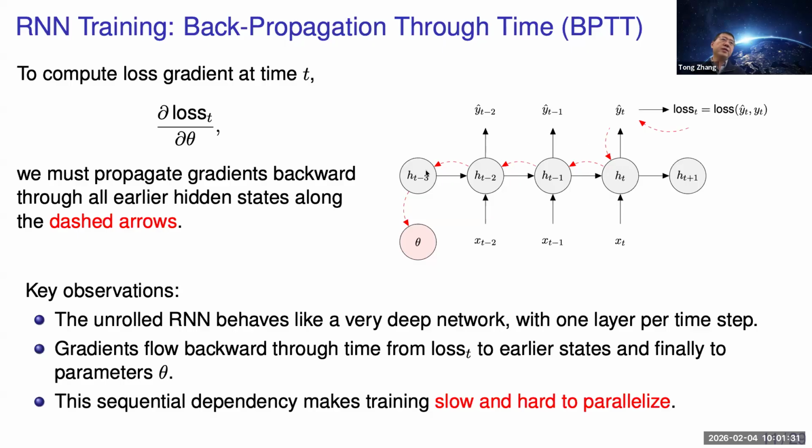So if you have, say, 1,000 tokens, you have to backpropagate 1,000 times. It's like a 1,000-layer neural net, which is expensive. This is the key bottleneck. It turns out this cannot be developed further unless you solve that.